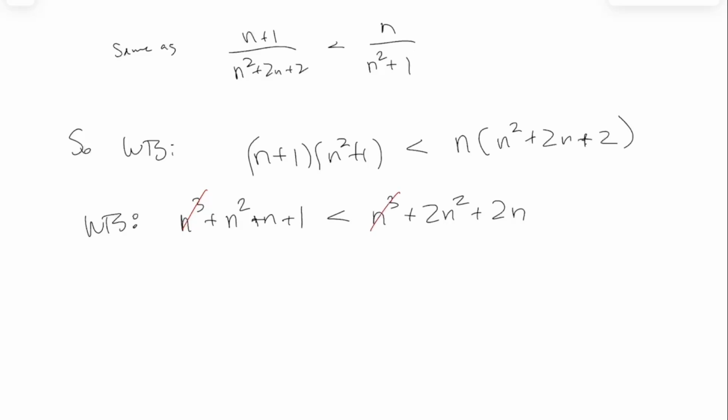These can be subtracted, and then furthermore, I could subtract n squared on both sides, and one of the n's also. No, on the left, I can just end up with 1, right? Less than, and on the right, n squared plus n, right? And I want to show that.